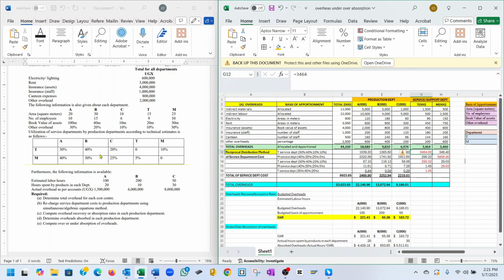Now, the percentages have been given to you. And when you add these percentages, you are going to get 100.